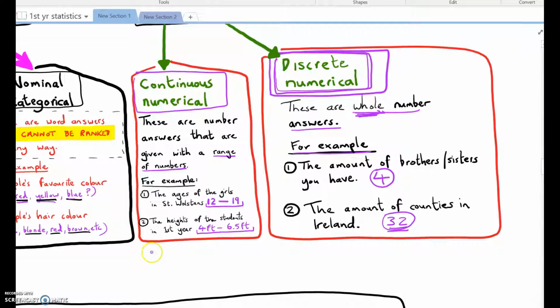So you'd say, well, there's between 2 all the way up to 10 people in all of the families of the students in St. Wolstan's. And that would be your answer. So that's different, isn't it, than saying, oh, my age is 14. There's a range of answers. So that's an example of continuous numerical.